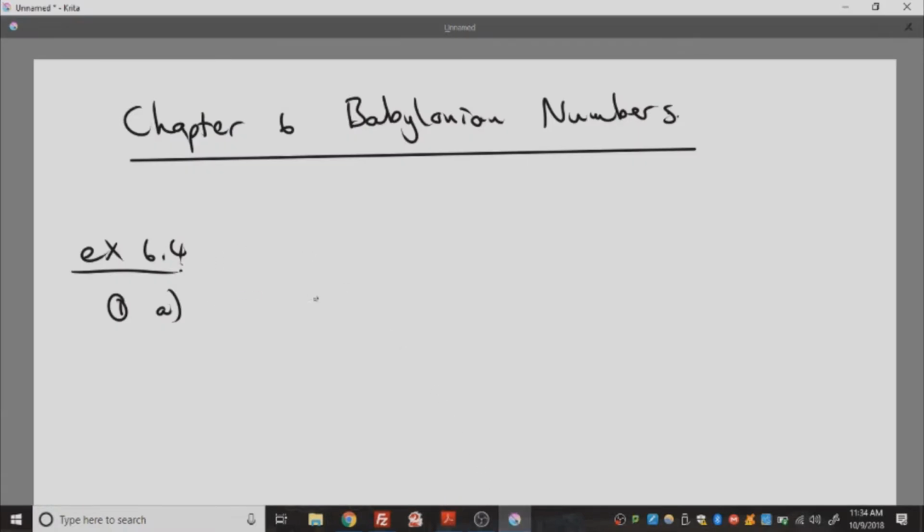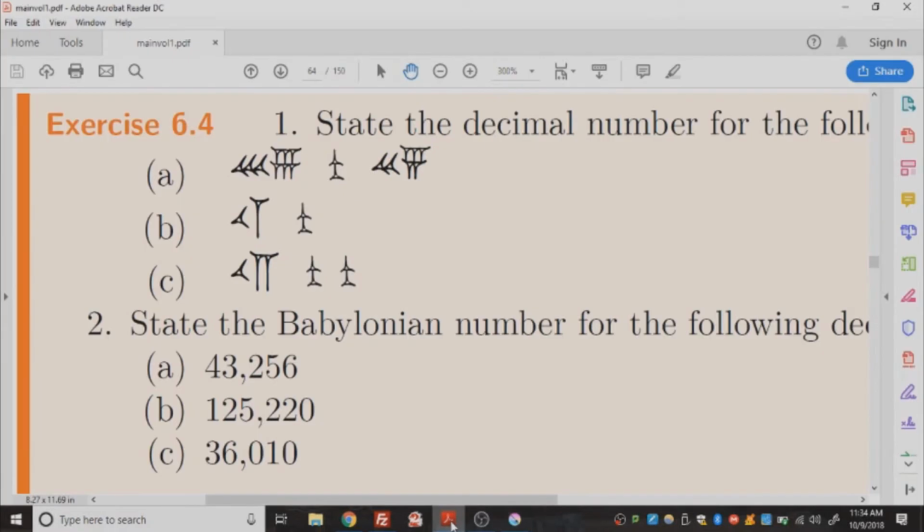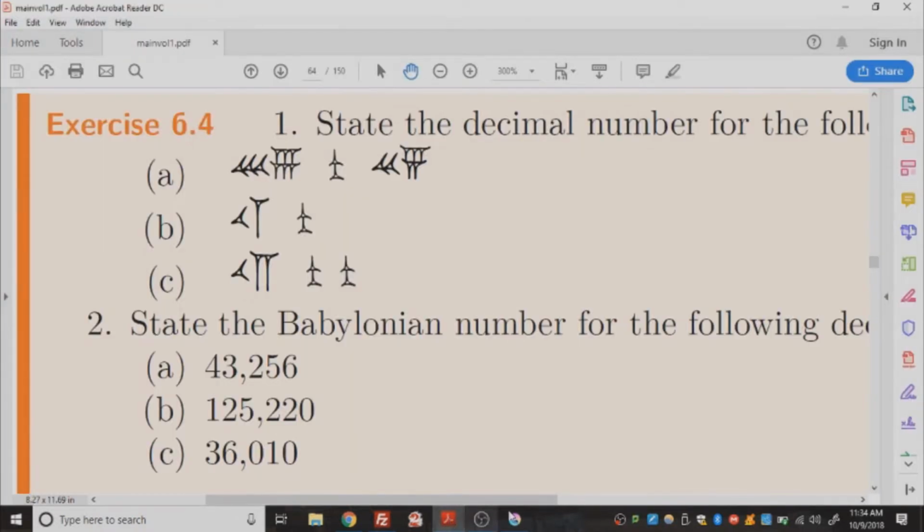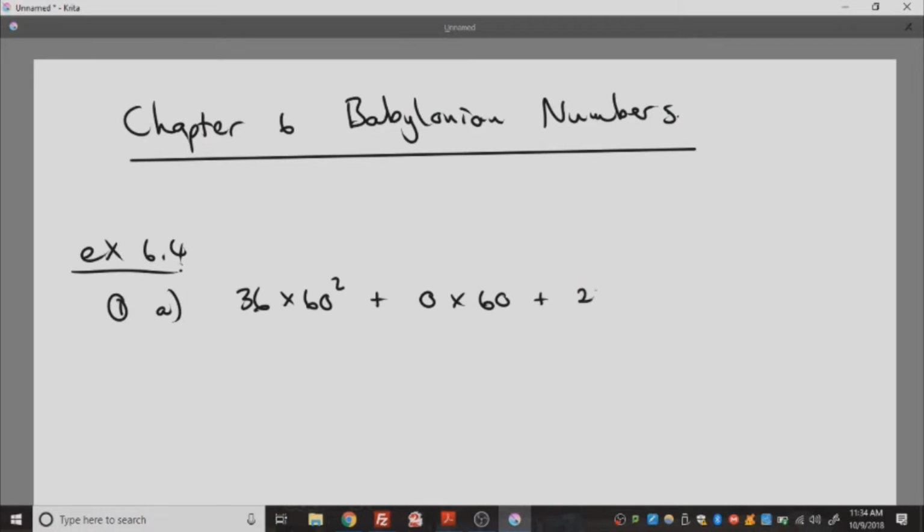It's nice in the video to see it. Okay. 36 times 60 squared plus nothing. But I'll emphasize that I did consider that, and it's 0 groups of 60. And then 25 left over. You put it in your calculator. You can put it again.